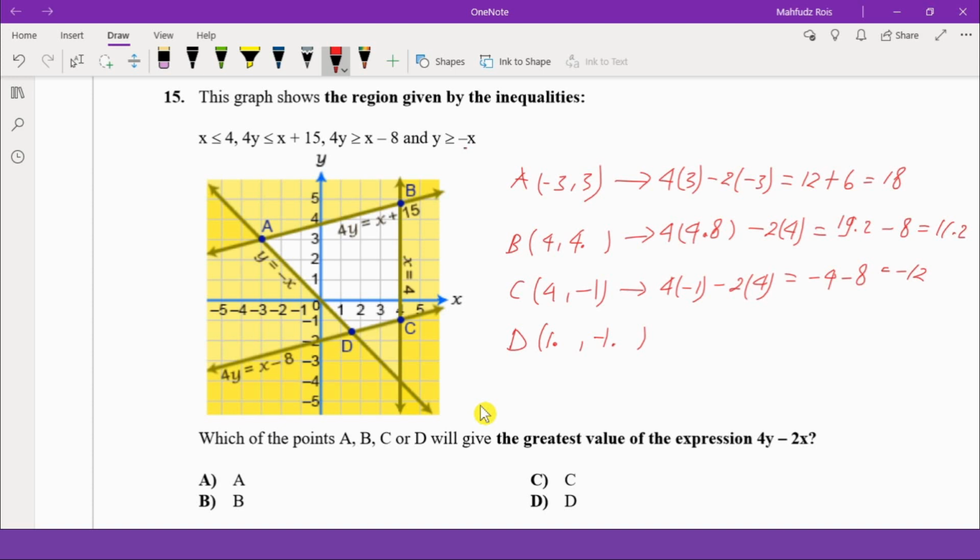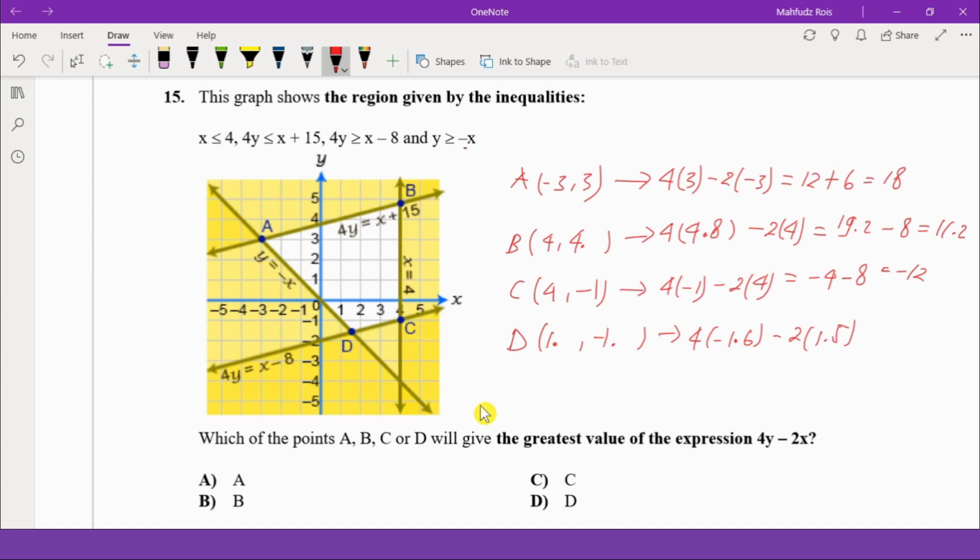It's very small actually, because suppose y is minus 1.6 maybe, and then minus 2 times 1.5, let's say.